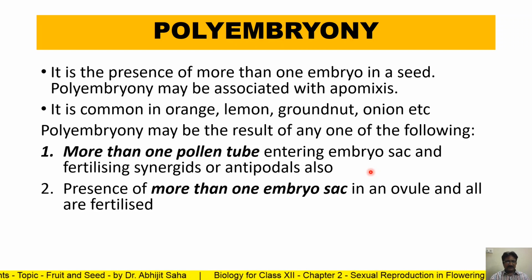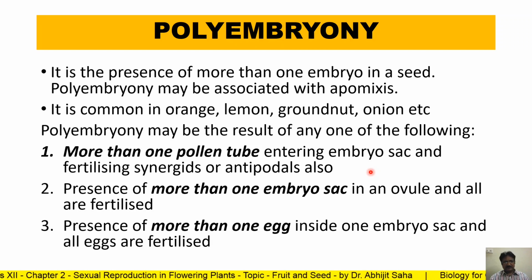Second case is, it may so happen that more than one embryo sac is developed in an ovule. Normally one is supposed to be developed, but in case more than one develops and all are fertilized, then there will be a large number of embryos developing within that seed.